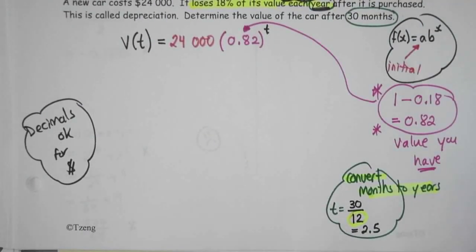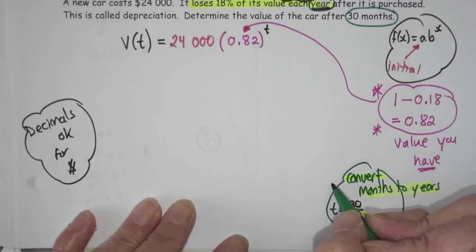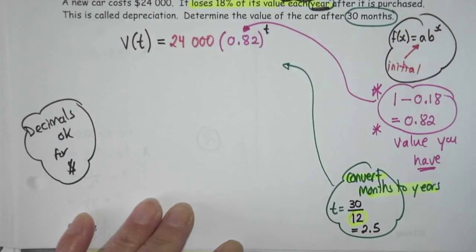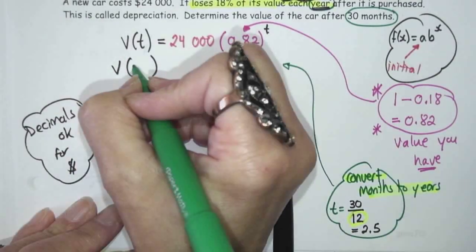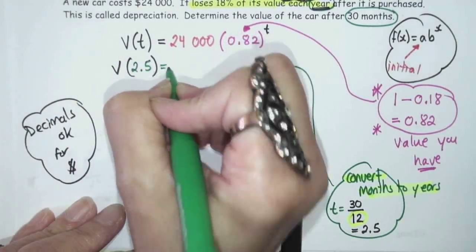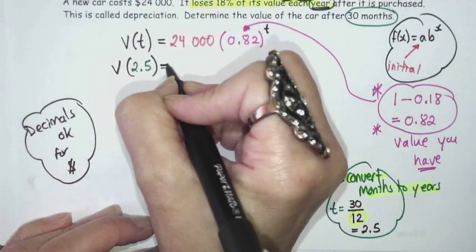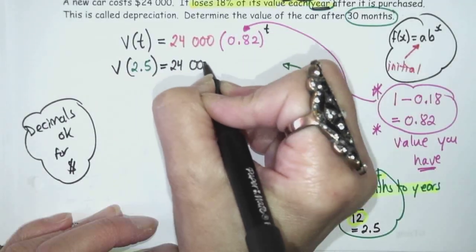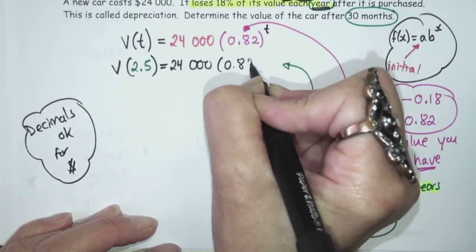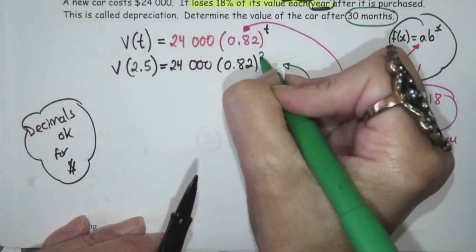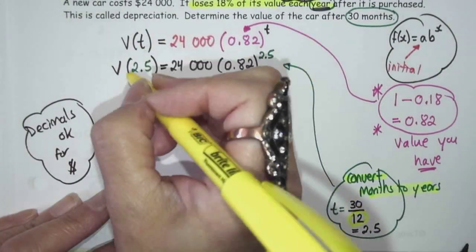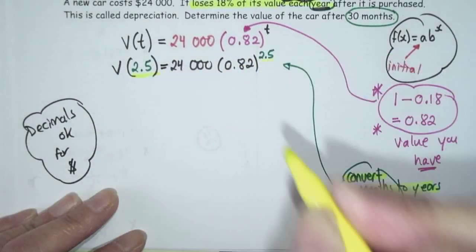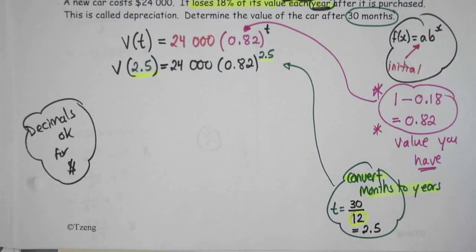Okay, so take that and put it in here. So this will be V at 2.5. Makes sense? And make sure you match it: if I plug it in here, I plug it in there. I want this in one go, please.